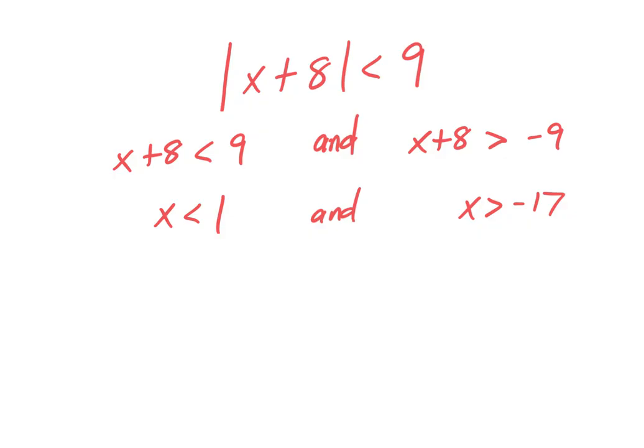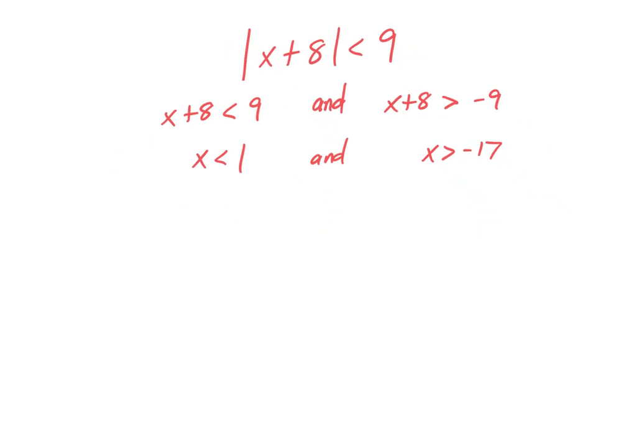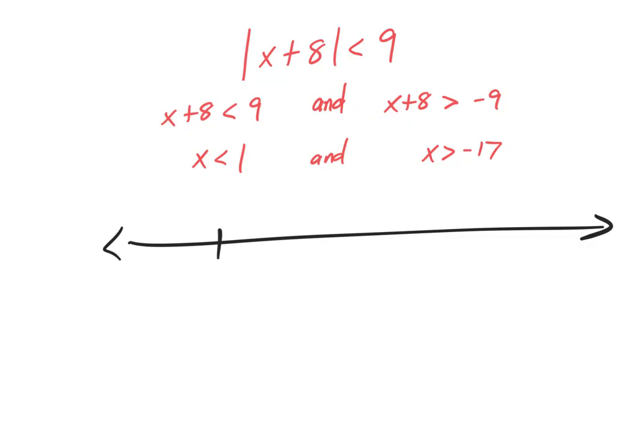Okay, and I kind of show you this one for a couple of reasons. Here's what happens sometimes when people graph this. Is the way they have this written out. Some people will do this. They'll put 1 here, and they'll put negative 17 here. Why is that wrong? Yeah, they got it.